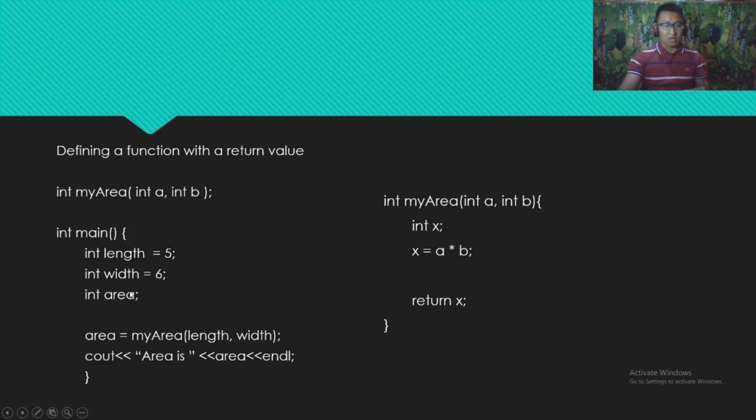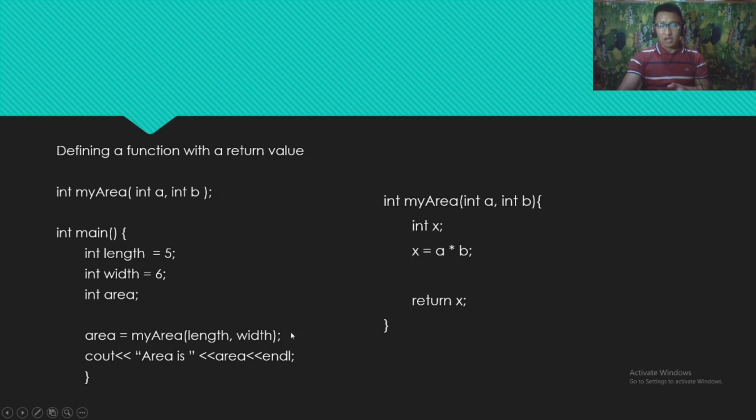In order to show the output, you need to have a cout. This also determines where the data is going to be stored, because area is equal to my area. This means that area is the storage of whatever the output is, this particular data that is being calculated from the function.